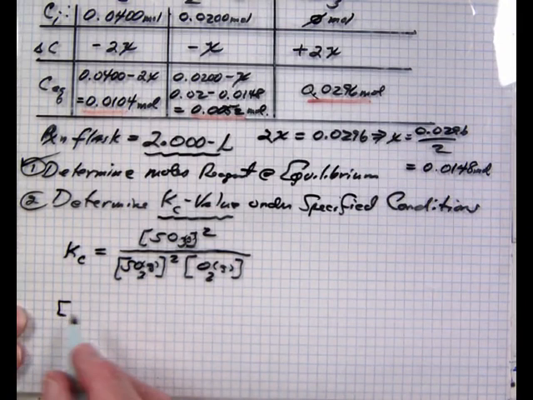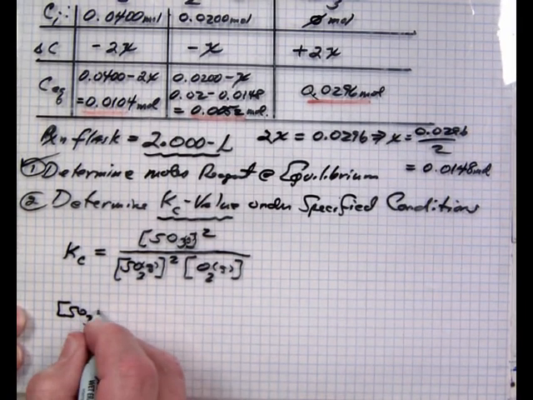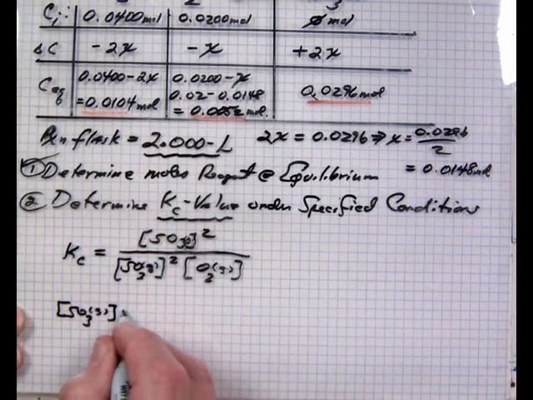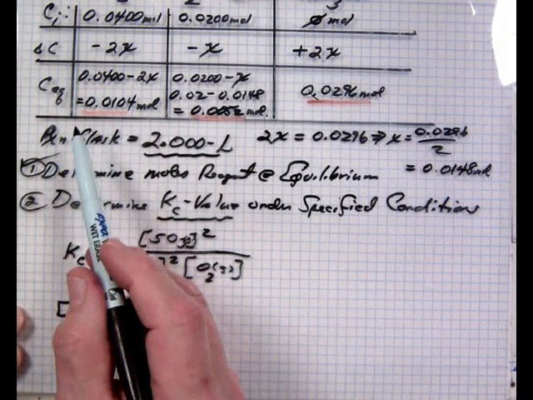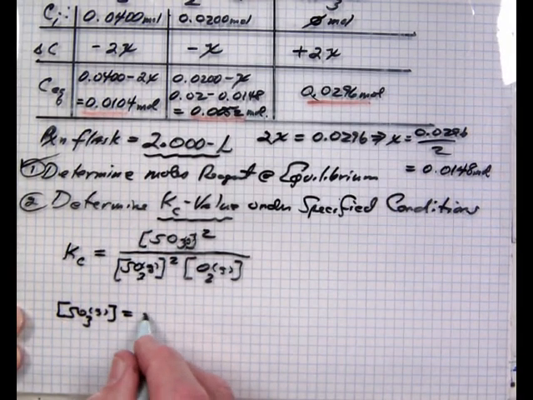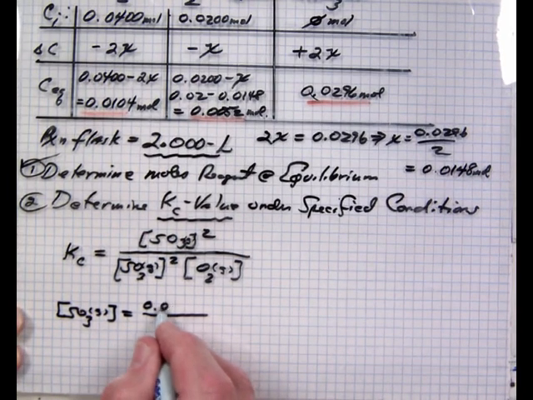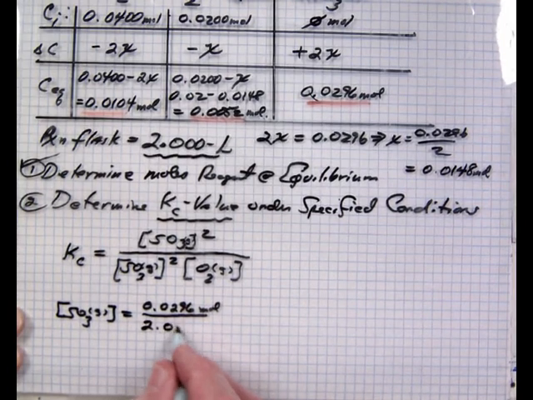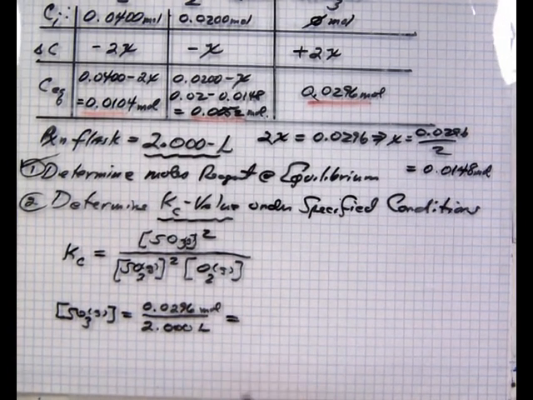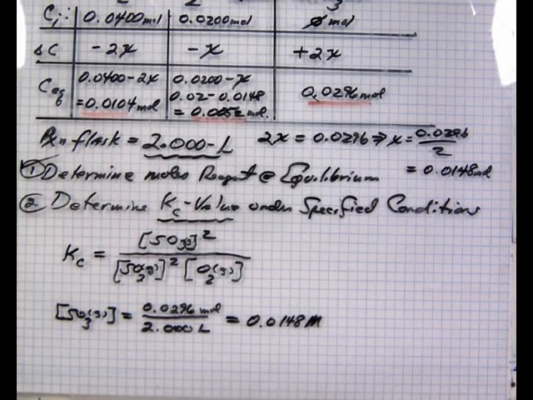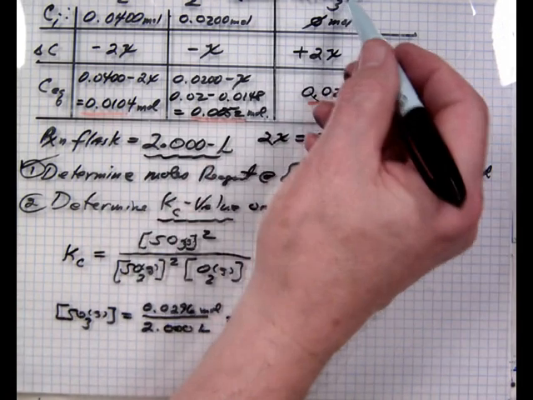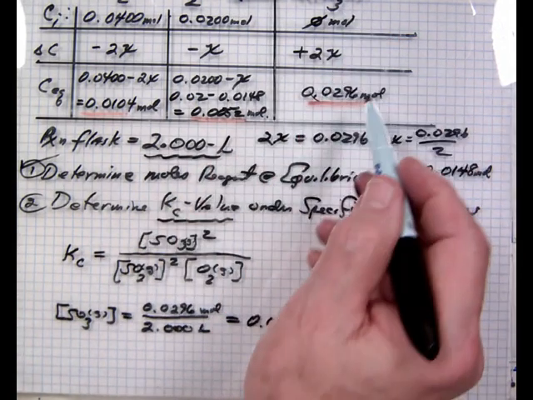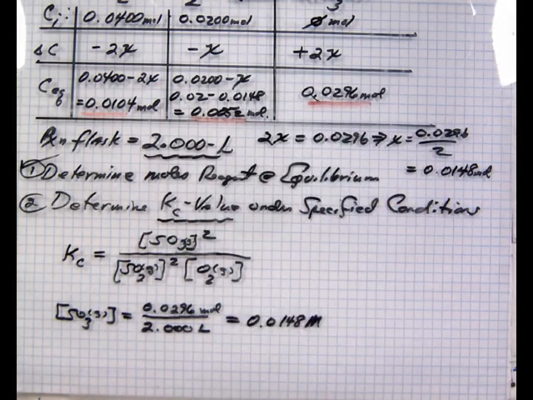So the concentration of SO3, I'll start there, we have 0.0296 mole in a 2-liter chamber, which gives us 0.0148 molar for the SO3. Moles over volume in liters.